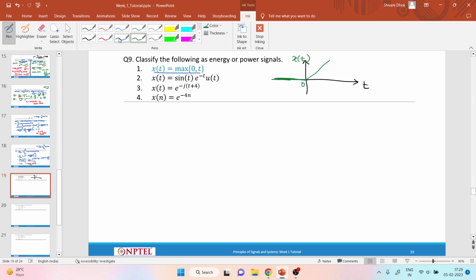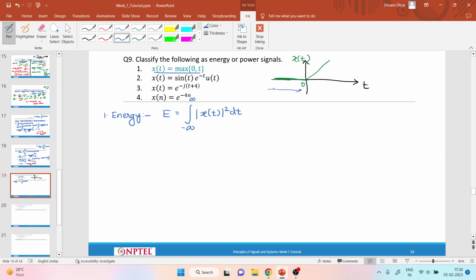So let us first find out its energy. E is equal to integral from minus infinity to infinity of mod x of t square dt. Now the square of this value is 0 from minus infinity to 0.